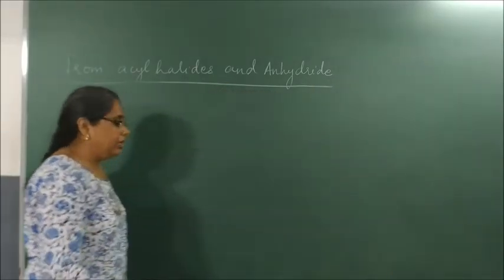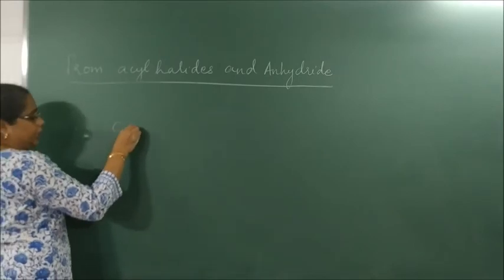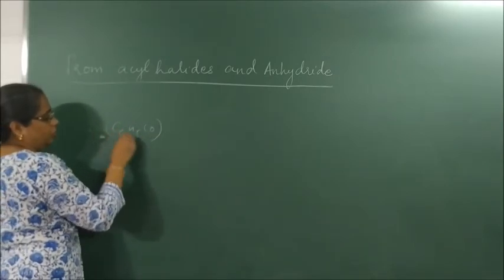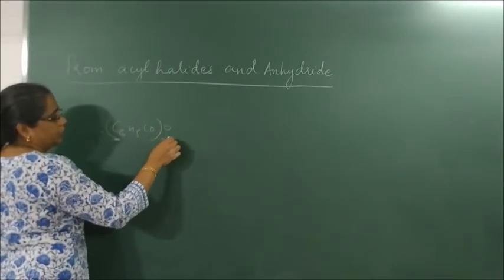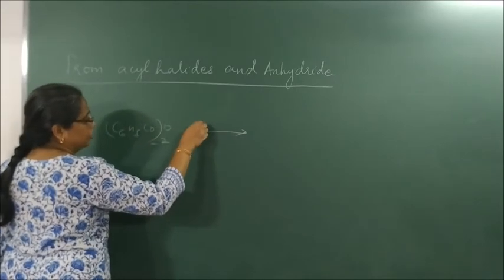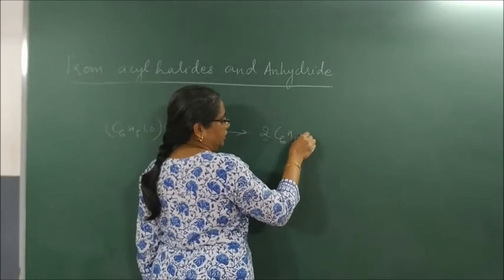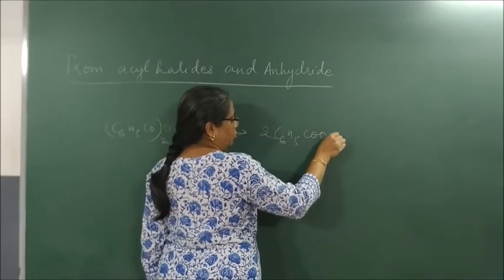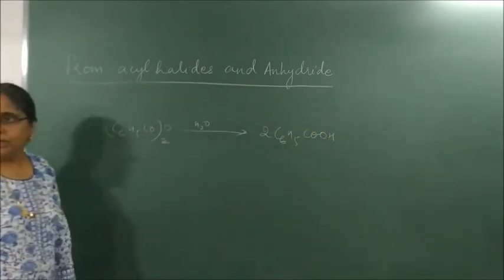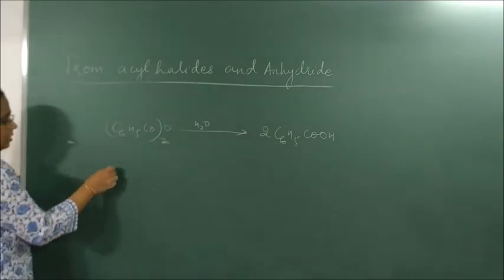So if I take C6H5CO twice O, when I do hydrolysis of this, I get what? 2 molecules of C6H5COOH, which is what acid? Benzoic acid.